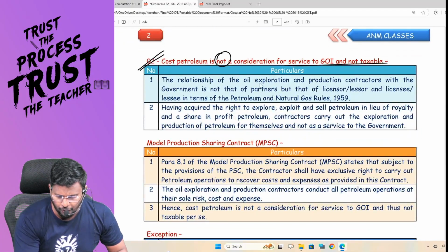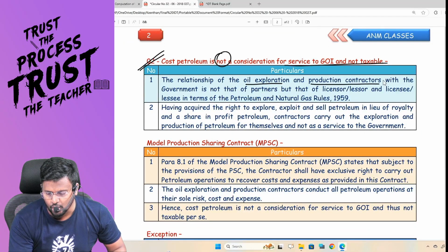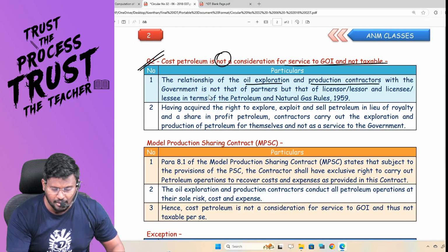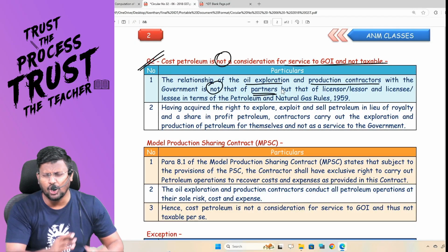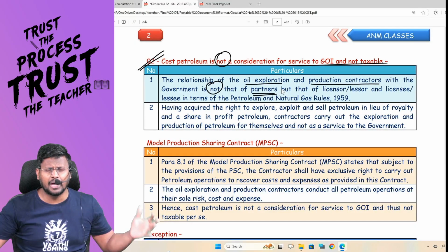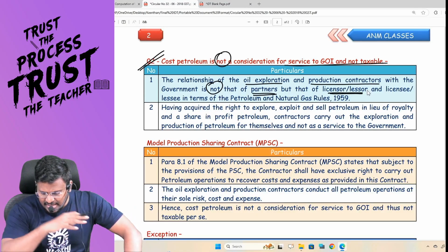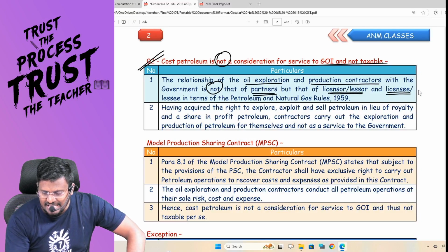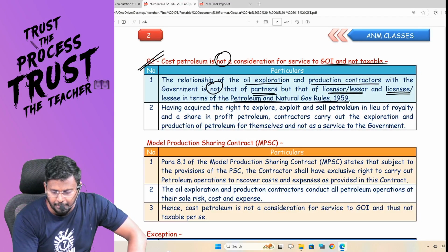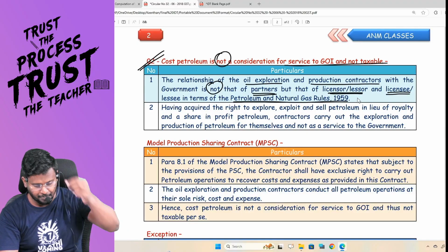The relationship of the oil exploration and production contractor with the government is not that of partners. There is no partnership between the government and the OEPC, but that of licensor and licensee, or lessor and lessee, in terms of the petroleum and natural gas rules.